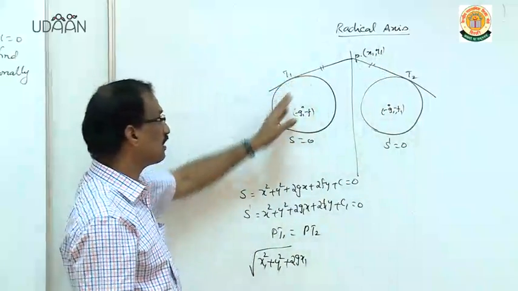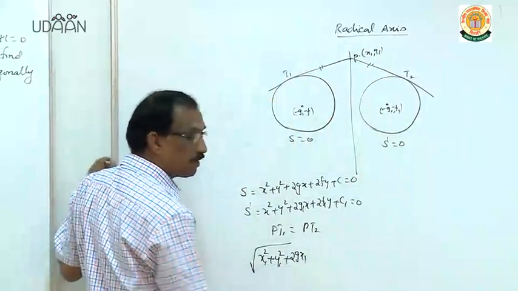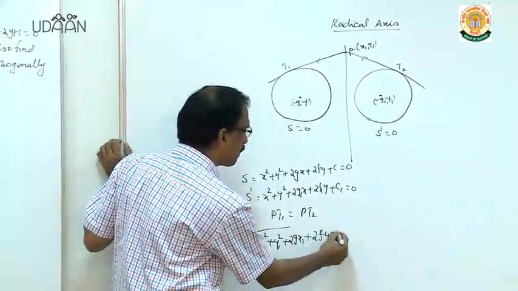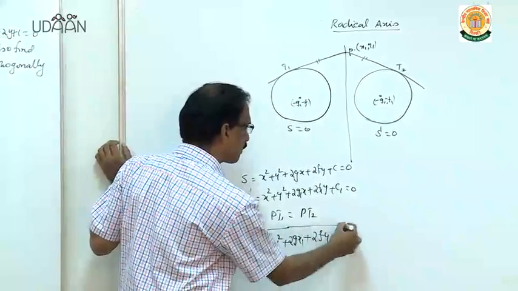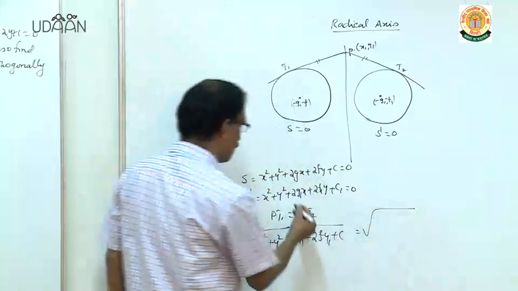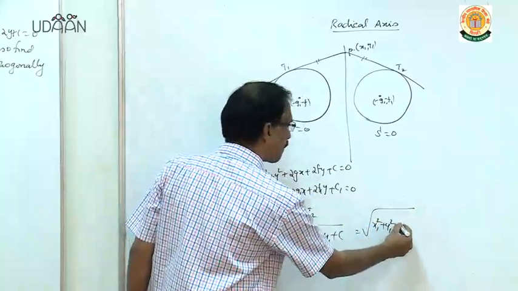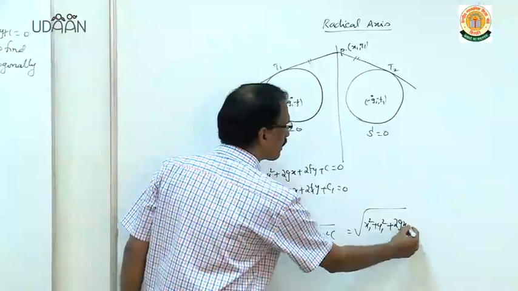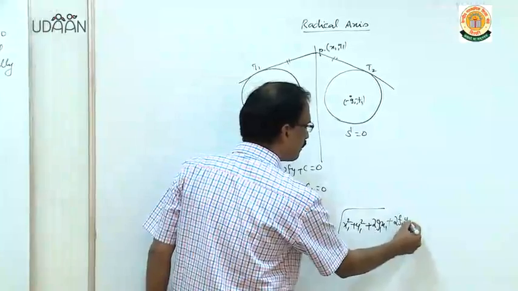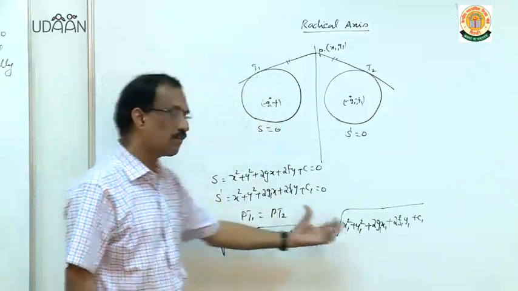The length of the tangent, if you draw here, you get root of x1 square plus y1 square plus 2gx1 plus 2fy1 plus c equals root of another, that is x1 square plus y1 square plus 2g1x1 plus 2f1y1 plus c1. This is given.